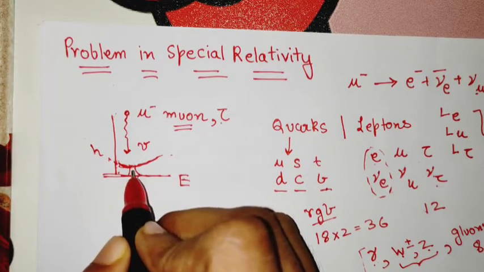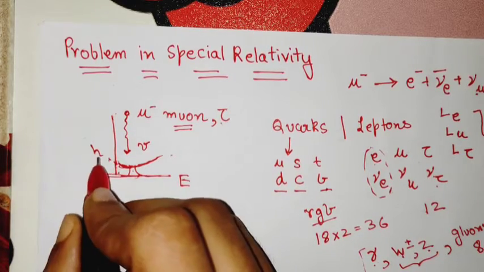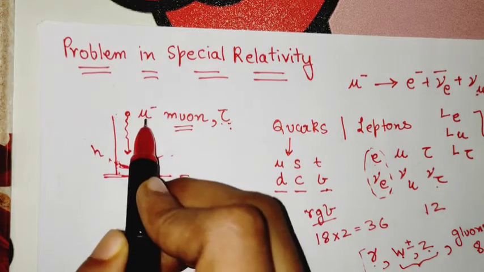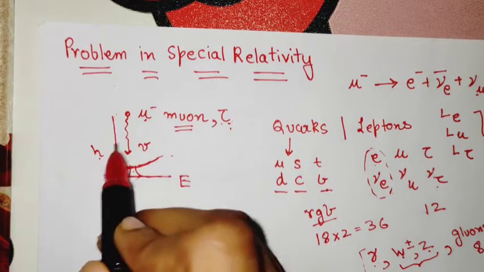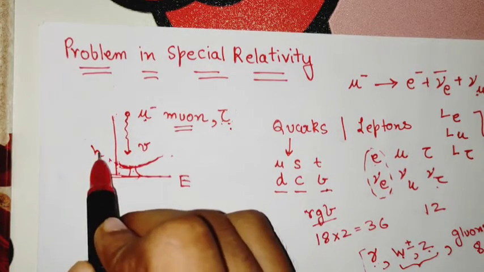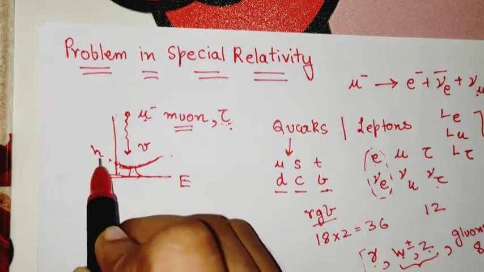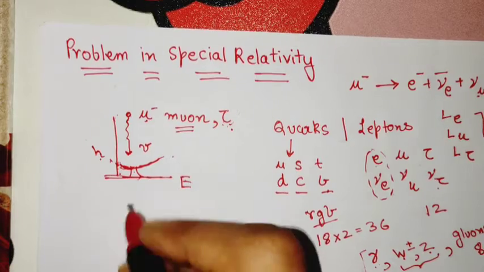This height is in Earth's frame. So it is given in the Earth frame, and this lifetime of the muon is in the frame of the muon. So you see the two notions of time. The time is given in the muon's frame and the height is given in the Earth's frame.